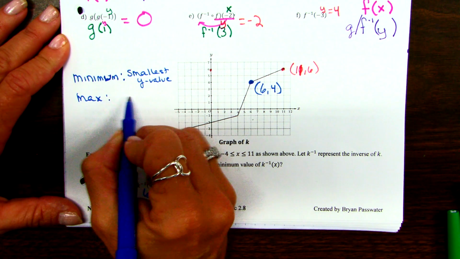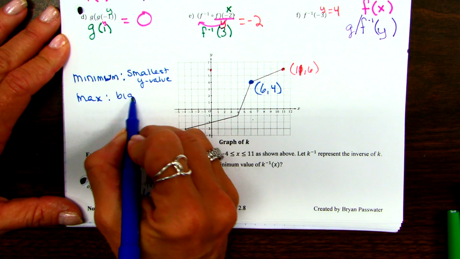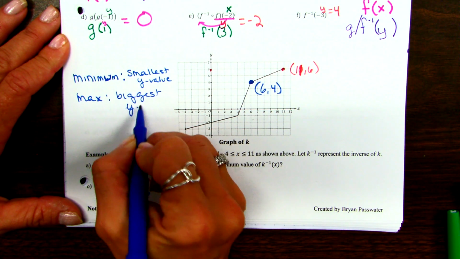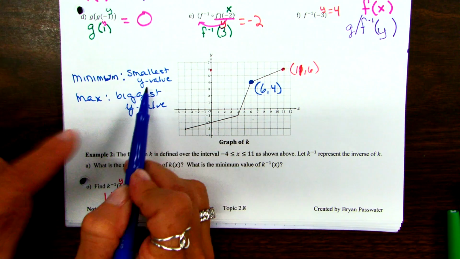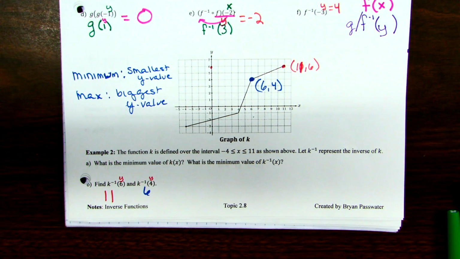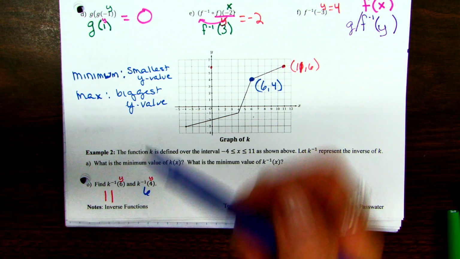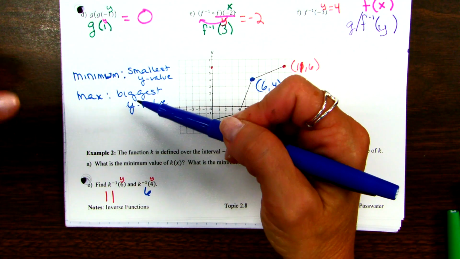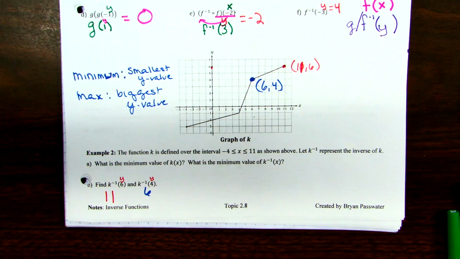Maximum would be your biggest y value, okay? Again, we're talking about y values. Why? Because we're talking about how high or low we go, right? Most of the time when we're doing anything with graphs, we're talking about intervals, concavity, increasing, decreasing, all that stuff. We talk about the x's. This is the only time that I can think of off the top of my head that we use the y values to name it.